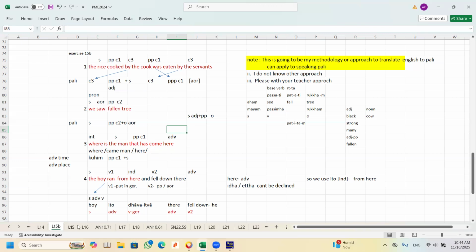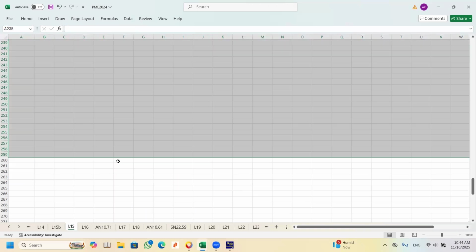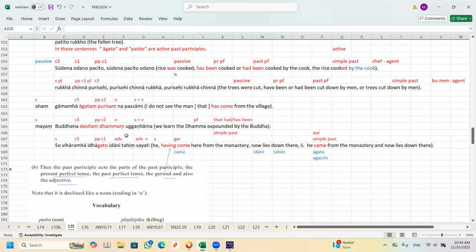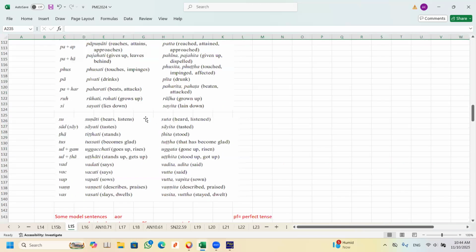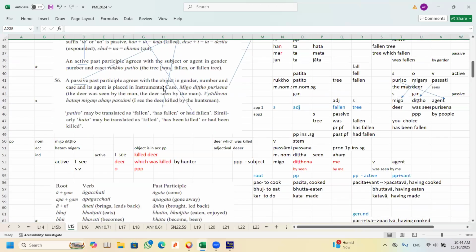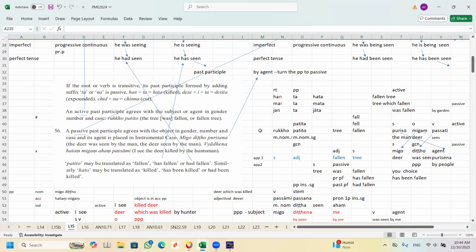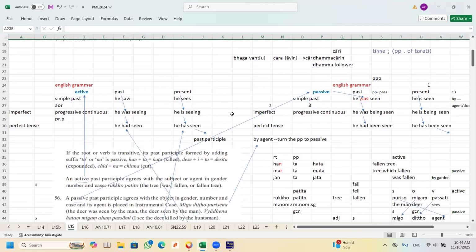If you remember that day that I talked, this is what I already explained to you. In English grammar, most of the time they don't use the past participle, they use perfect or imperfect tense. Can you see?